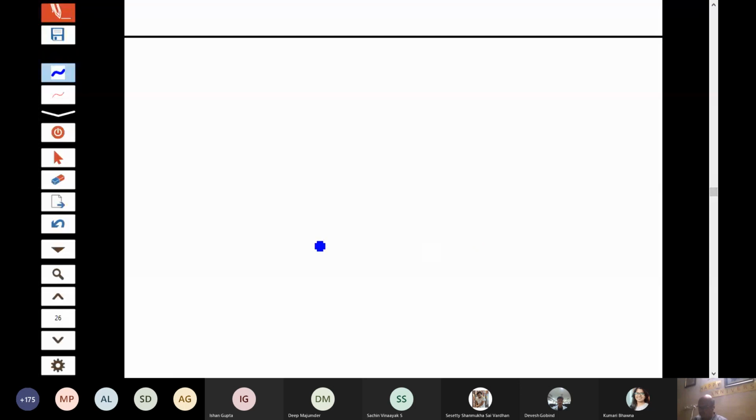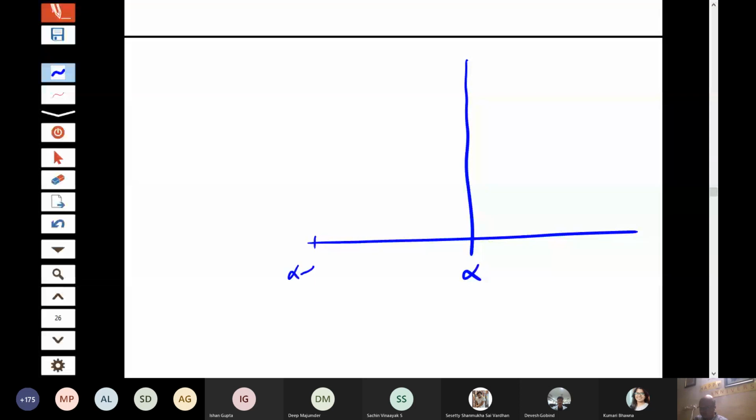See, if you plot this, at alpha minus beta this is 0, and if I take x equal to alpha, then it is 1 by beta. And at alpha plus beta also it is 0. So this is a perfectly symmetric distribution.